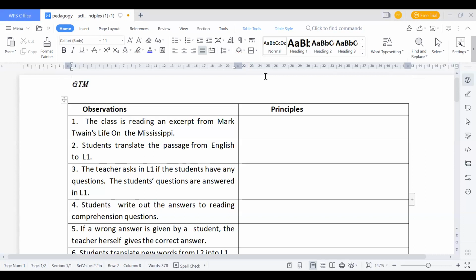I'm Aisha, I lost my connection, I'm sorry. The homework was to prepare a small lesson plan: how to teach a grammar point using the deductive approach and how to teach that grammar point using the inductive approach. So who is going to present now?